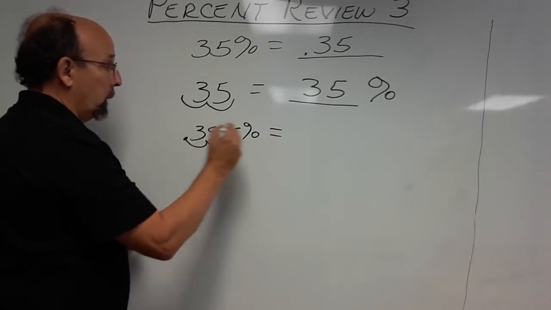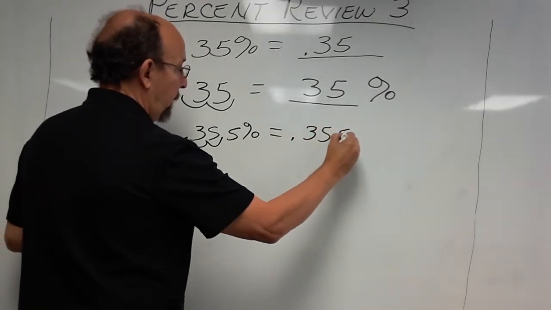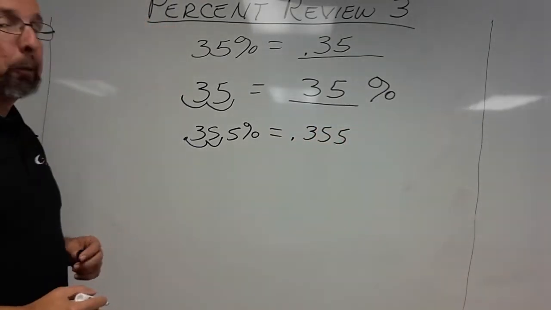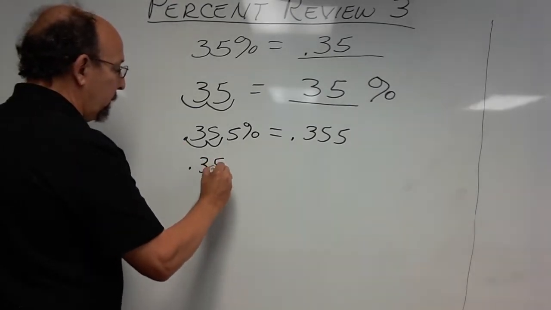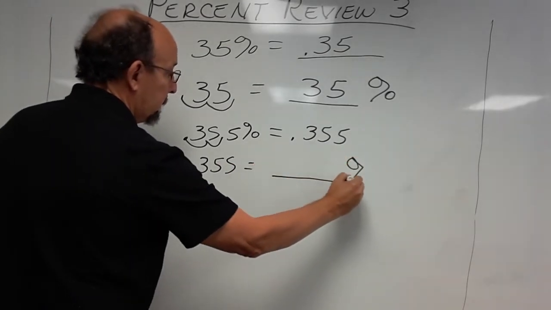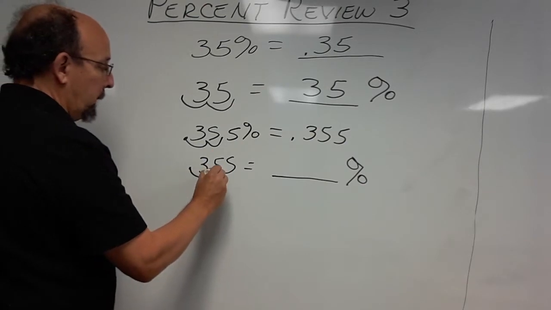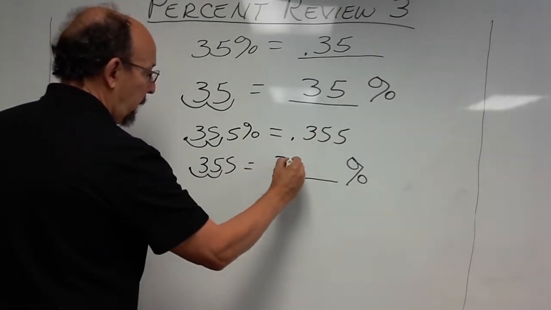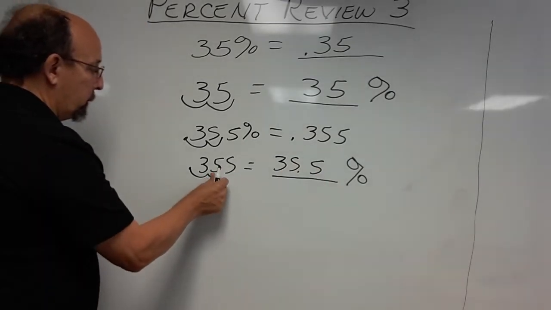There you go. It's 0.355. If I had the number 0.355 and I wanted to change that to a percent, I would move my decimal place 2 places to the right, 35.5%. Right?